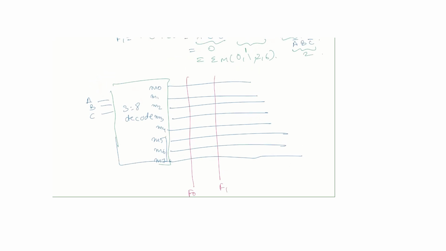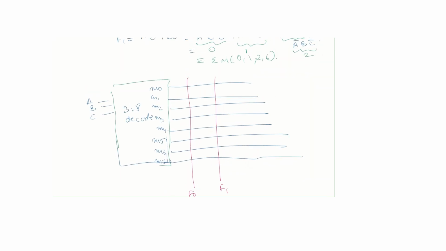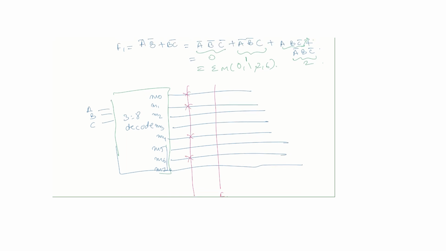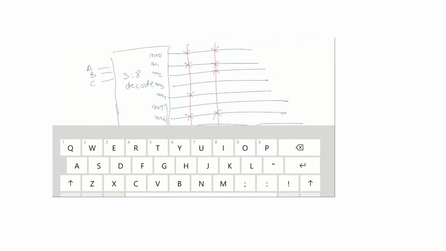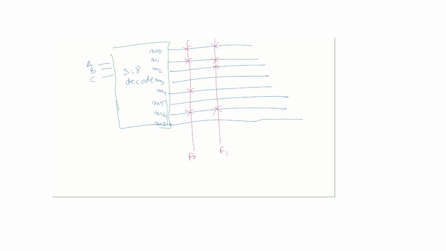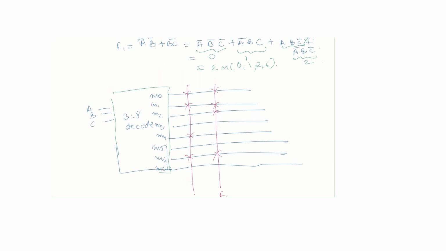You will mark whatever is used in F0. 0, 1, 4, 6 is used, so I'll mark those, and for F1, 0, 1, 2, and 6 are used. So this is how you can represent an expression in a ROM array. Using the ROM array, you can represent any Boolean expression.